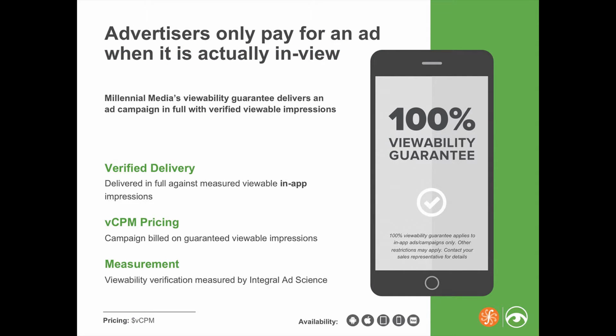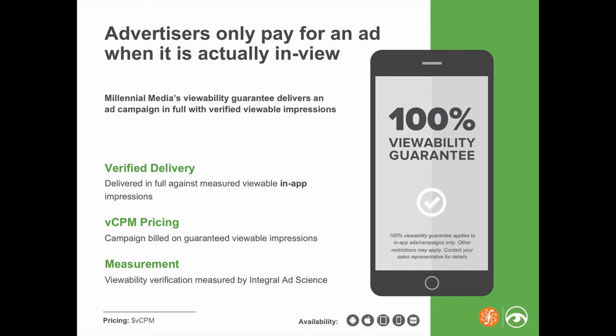Okay, great. Thanks, Jason. So to provide advertisers with the certainty that they're increasingly demanding around viewability, Millennial Media, in partnership with Integral Ad Science, now offers a 100% viewability guarantee. So Millennial made the promise to deliver ad campaigns in full against verified viewable impressions as measured by Integral Ad Science.